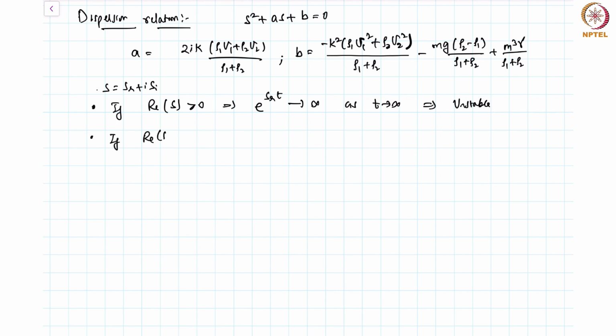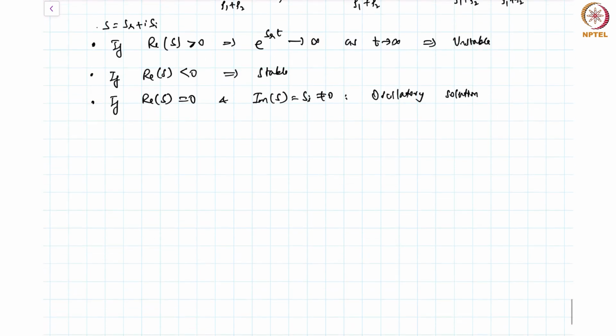If the real part of S is less than 0, then the flow is said to be stable. And if the real part of S is equal to 0, and the imaginary part of S, which is SI, is not equal to 0, we have oscillatory solutions. And these oscillations will go on forever because there is no viscosity, so there's nothing to damp. So we now look at special cases.